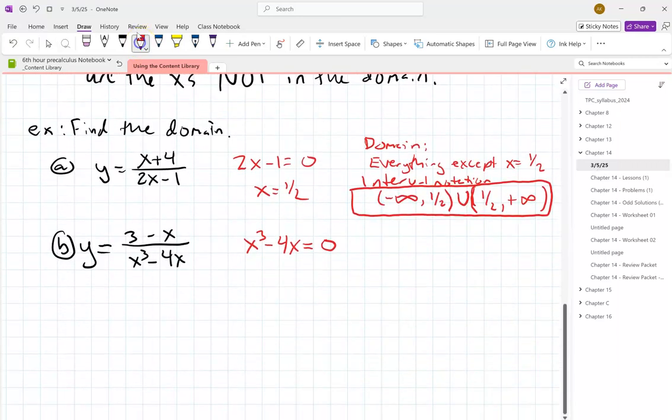So if I look here at x cubed minus 4x, according to the factoring flow chart, the first thing we look for is the greatest common factor. Do you see anything common between x cubed and 4x? X, very good. So if I factor that out, I have x squared minus 4. That leaves me with a 2-term polynomial.